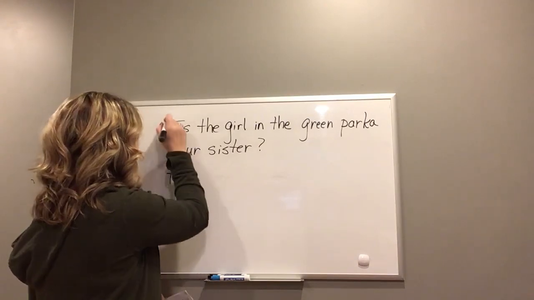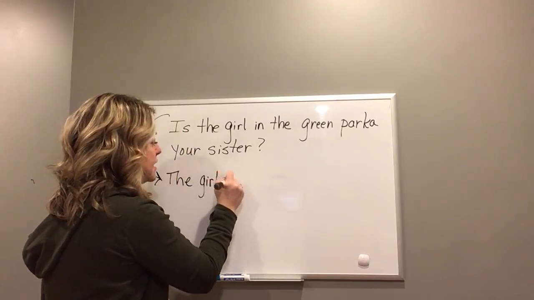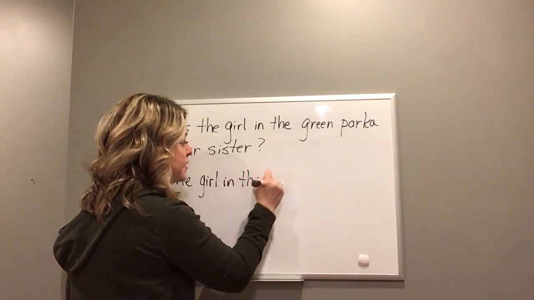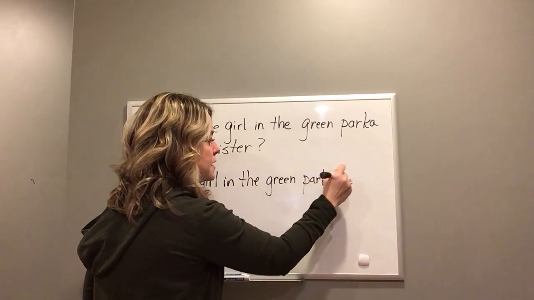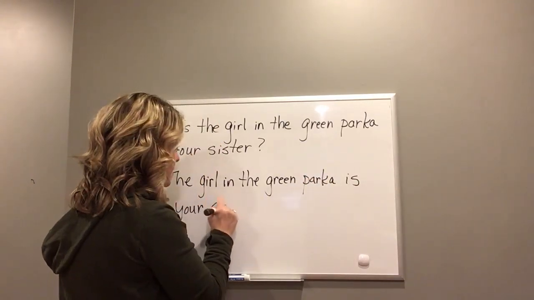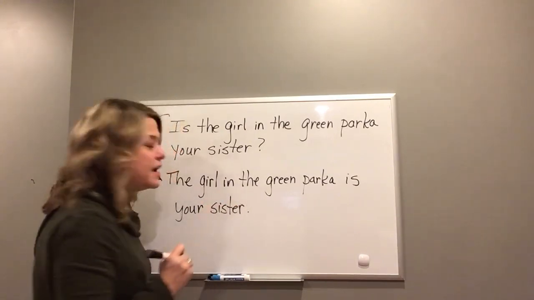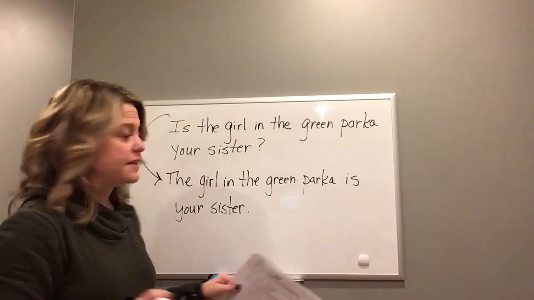Okay, so we're going to do that now. We're going to change this to a statement. The girl in the green parka is your sister. Okay, now that we have a statement, much, much easier to attack.